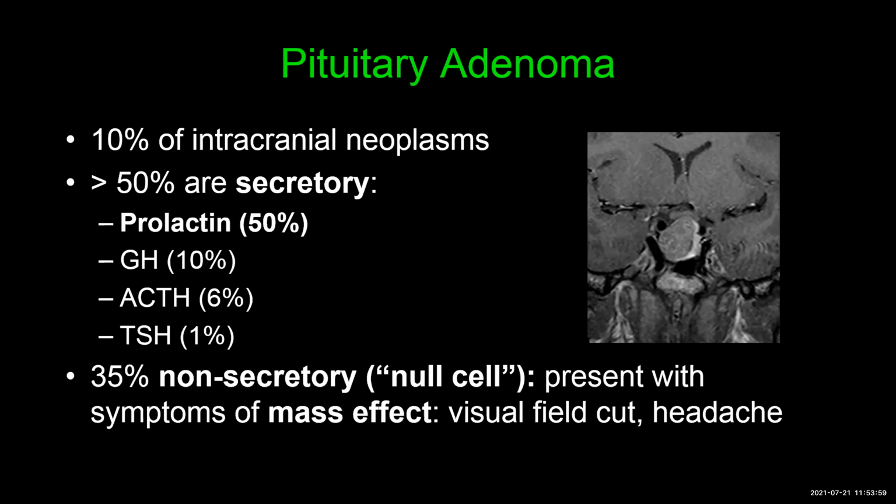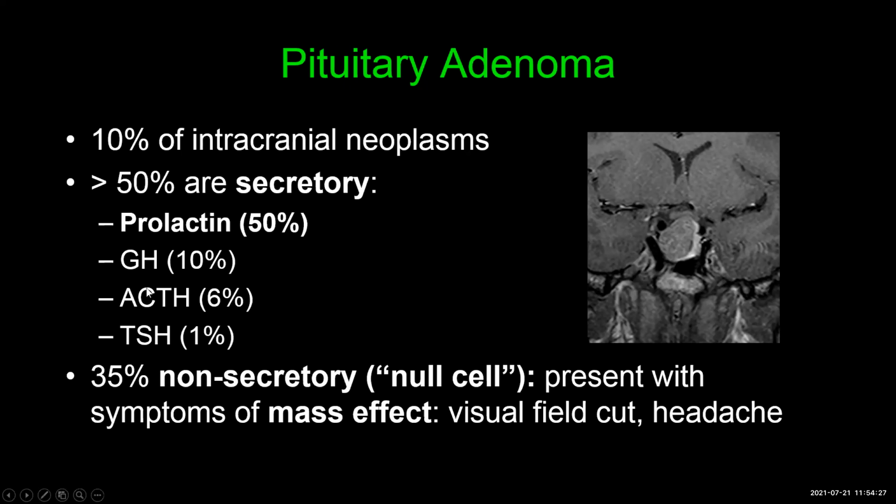So these often present as patients who are trying to get pregnant, who have infertility issues. The patients often have infertility and galactorrhea, so inappropriate milk leakage from the breasts, and that can be in men or women. So those are common presenting symptoms for pituitary adenoma.